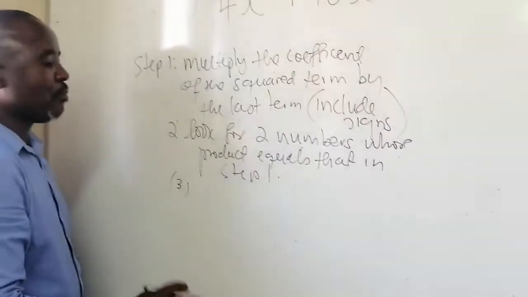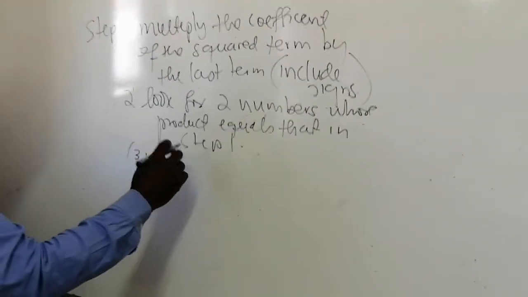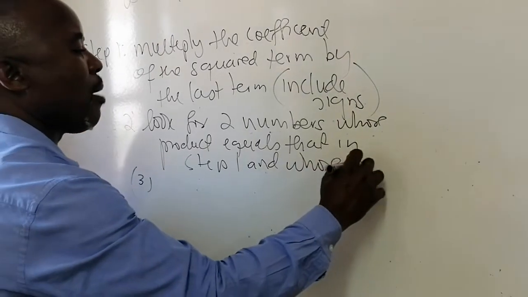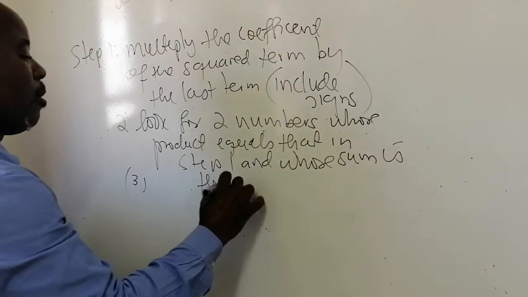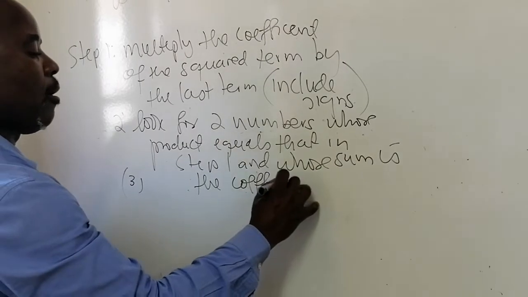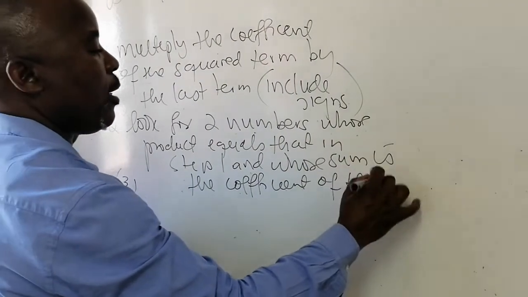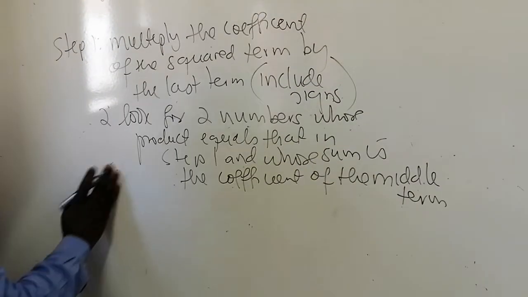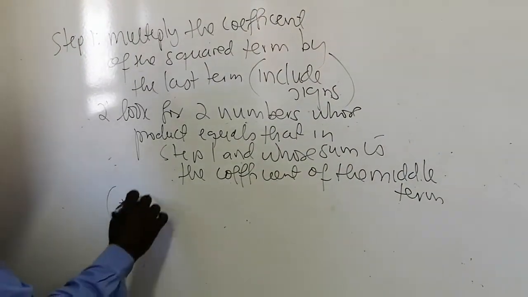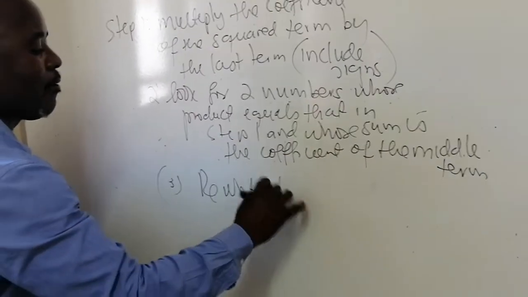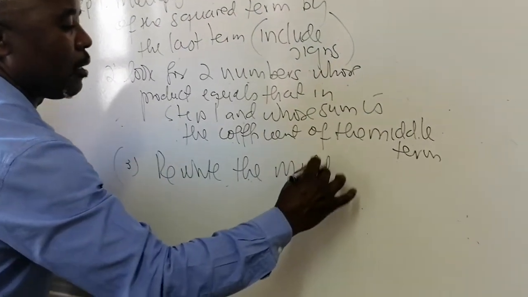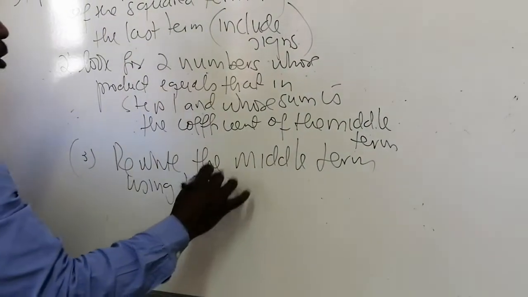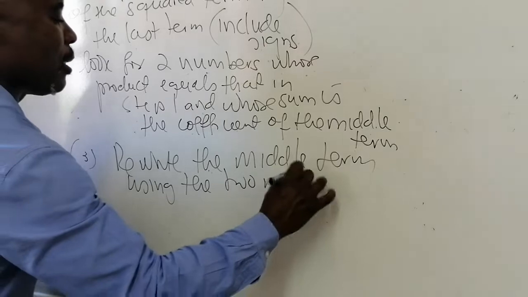And whose sum is the coefficient of the middle term. And then step number 3, you rewrite the middle term using the two numbers.